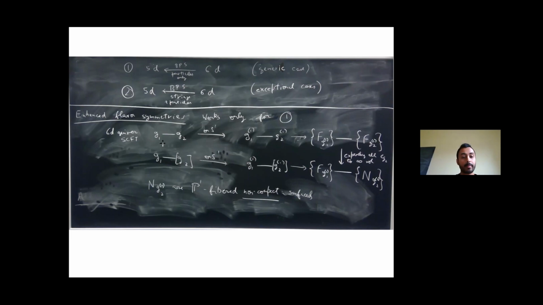Okay, to prepare for it, I need to discuss some 6-dimensional quiver gauge theories. Suppose you have a quiver in 6 dimensions with G1 gauge algebra and another gauge algebra G2, with some matter content transforming simultaneously under both of them.